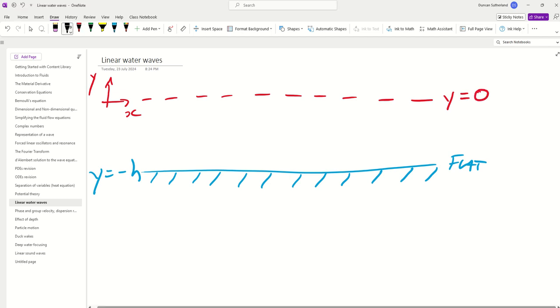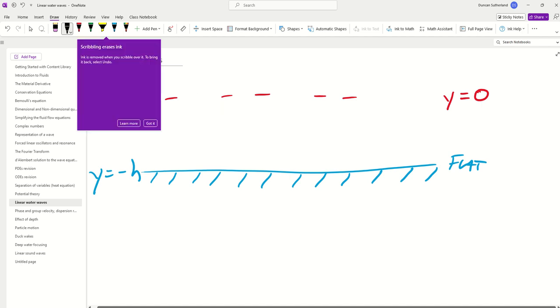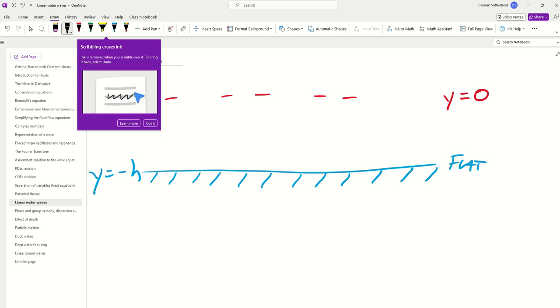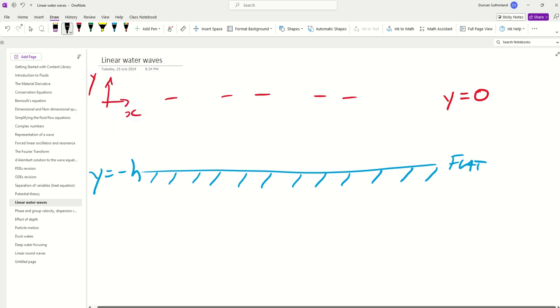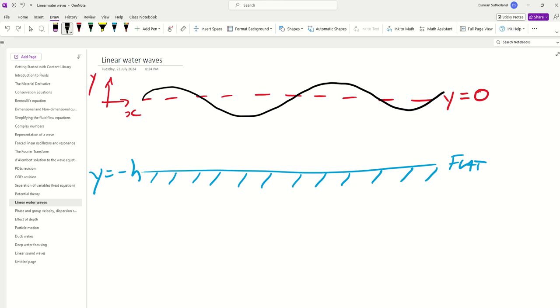We're going to consider a small wave, and small in amplitude compared to the depth of the water. So we're going to have water in here.